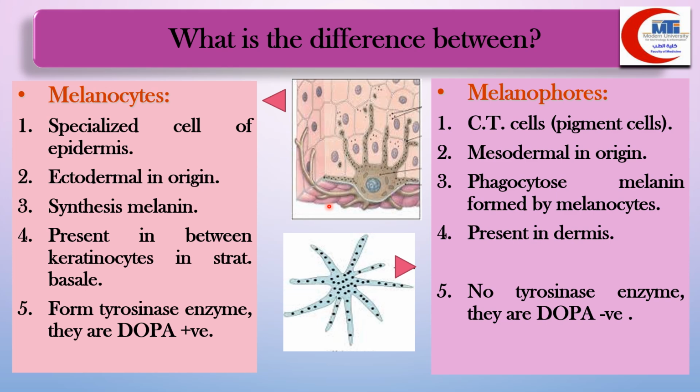While melanophores, like pigment cells, are connective tissue cells. They are mesodermal in origin. They only phagocytose the melanin formed by melanocytes, and they are present in the dermis of the skin.